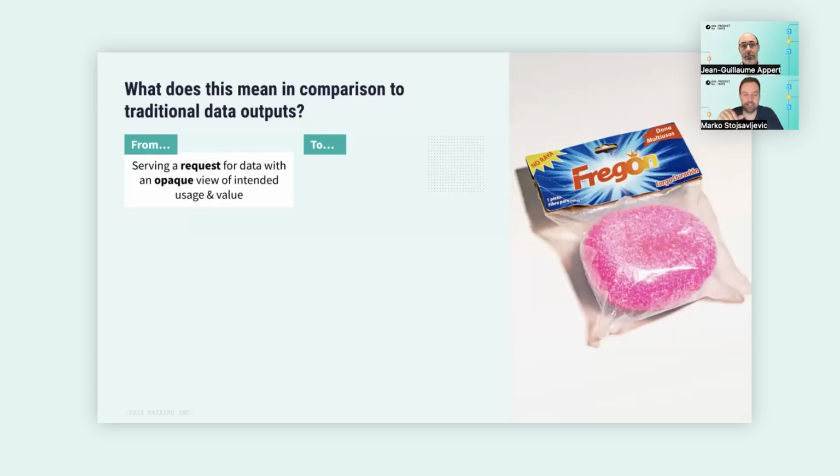What we mean by that is we serve a business with a set of data or a dashboard, but they may use it in one way, they may use it in many different ways. It's not specifically defined because the data is the output, as opposed to data being a product that has been collaboratively built in order to serve that business action or objective.